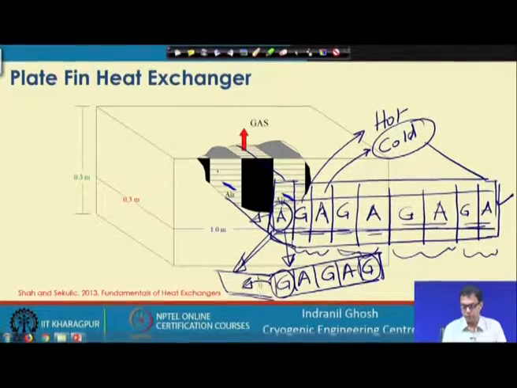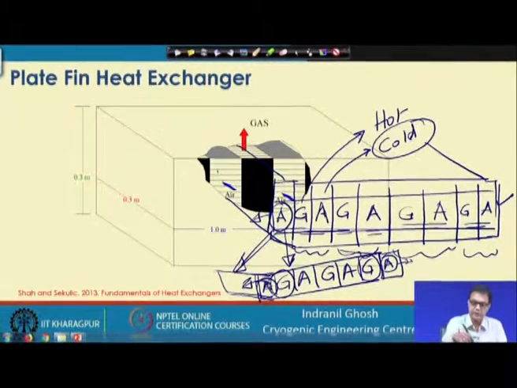So we put the air streams at the end, closer to the ambient temperature, and we end up with less requirement of insulation.